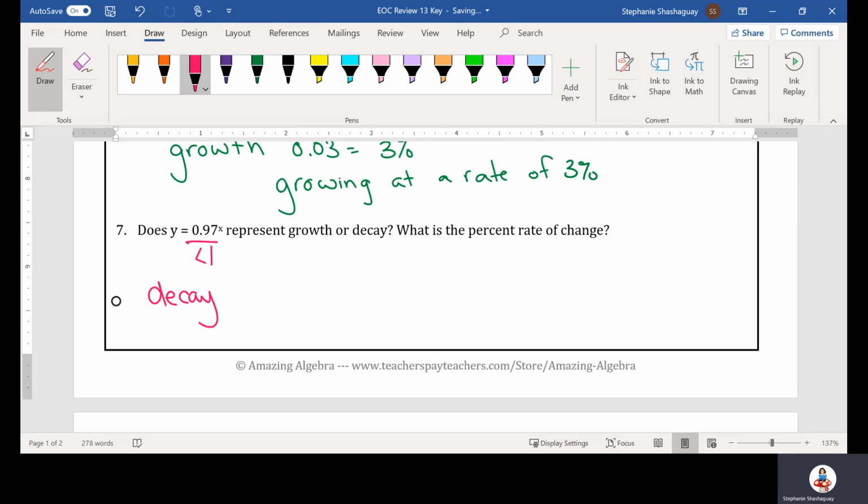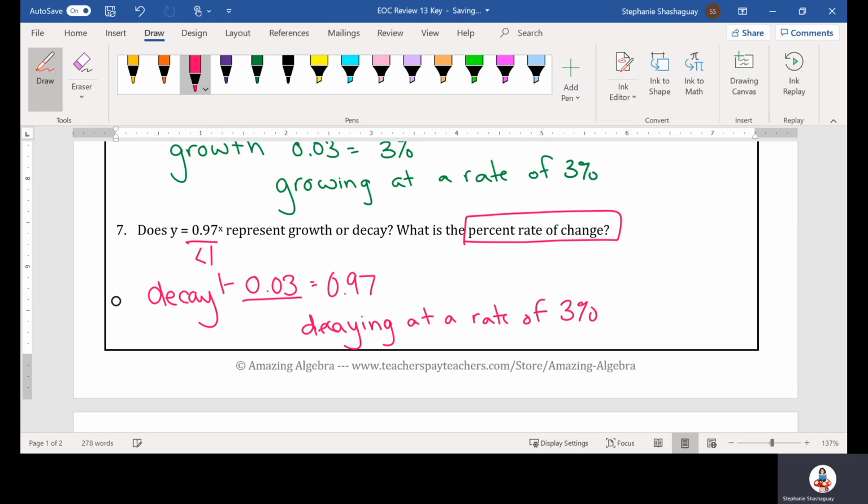I subtracted 0.03 from 1, 1 minus 0.03, to get 0.97. So that means that I'm decaying at a rate of 3%. What is your percent rate of change? It's decaying at a rate of 3%.